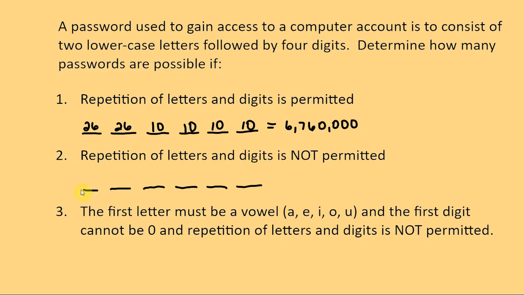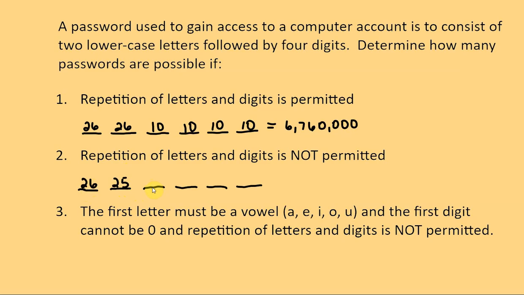So in the first position, when we have a letter, we can choose from any of the 26 letters in the alphabet. But because repetition is not permitted, in our second position, whatever letter was used in the first position, we can't use it in the second position. So that means we only have 25 choices left in the second position.